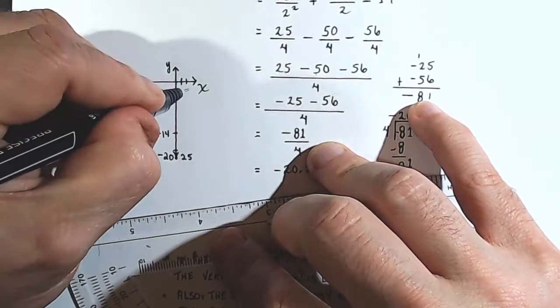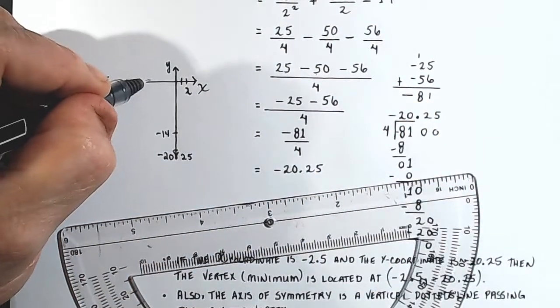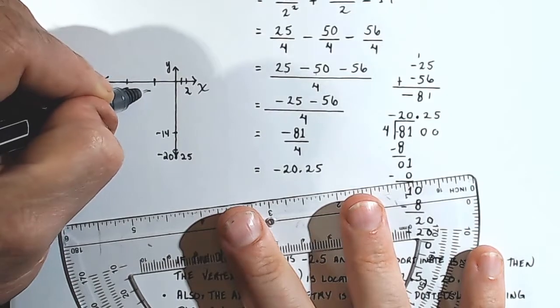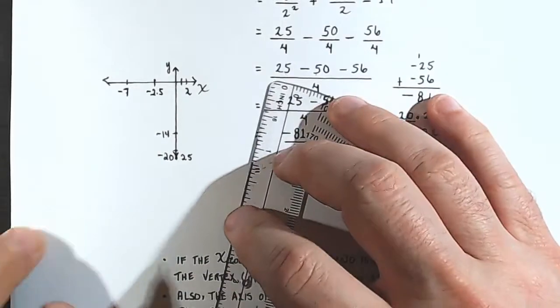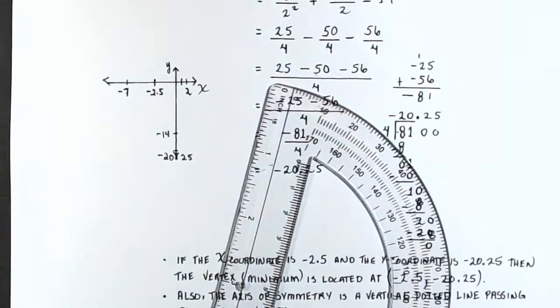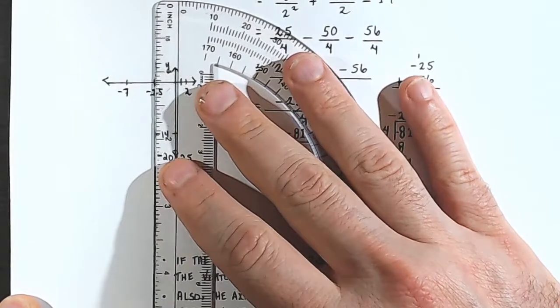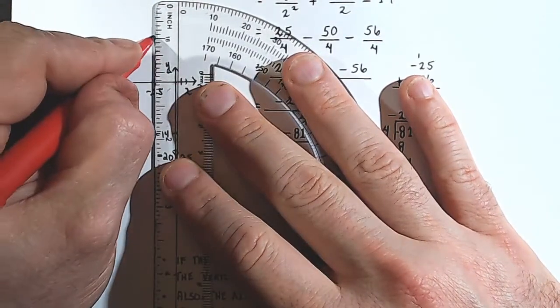We can already plot a basic quadratic function because this axis of symmetry right here would be -2.5. Okay, so the way you plot these in, you say, well, I know that the axis of symmetry is a vertical dotted line passing right through -2.5 on the x.